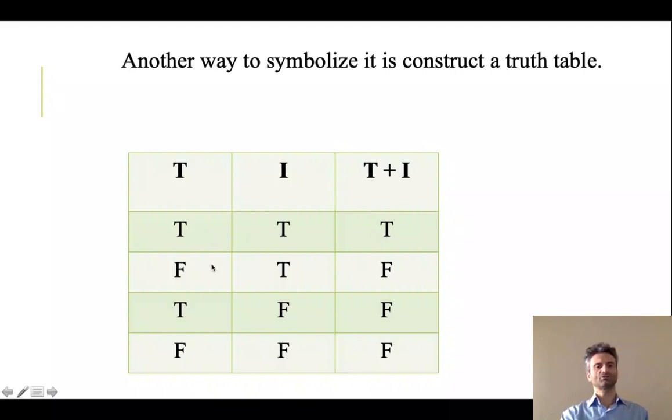When T is false and I is true, the compound statement is false. True and false make it false, and false and false make it false. But this should be easy to understand. Okay, if you want the statement Charlie is tall and Charlie is intelligent to be true, each individual component of that compound statement must be true. This is really easy to understand.